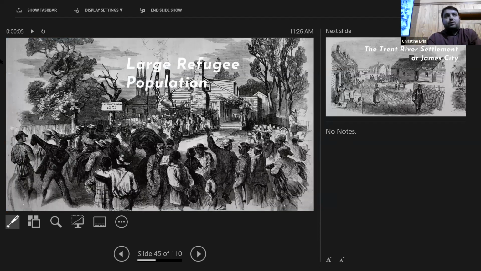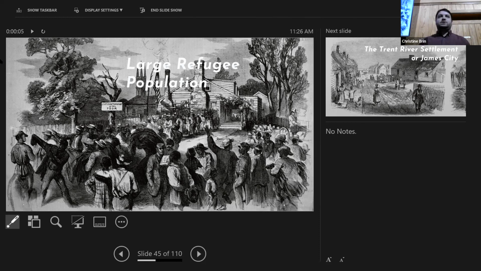There were also large refugee populations quickly picked up in New Bern, which is very important for the future. Many of them were runaway slaves seeking refuge in Union occupied territory. You also have a lot of Unionist North Carolinians. North Carolina is divided, especially Eastern North Carolina, between Confederate and Union sympathy.